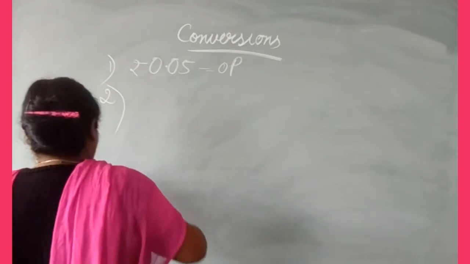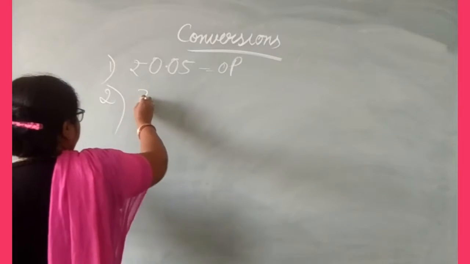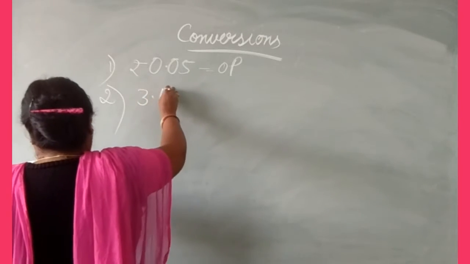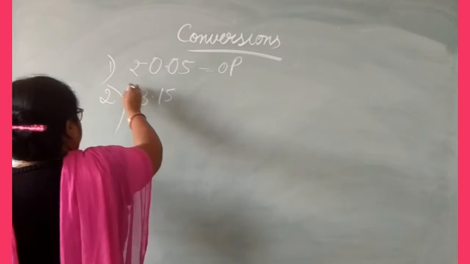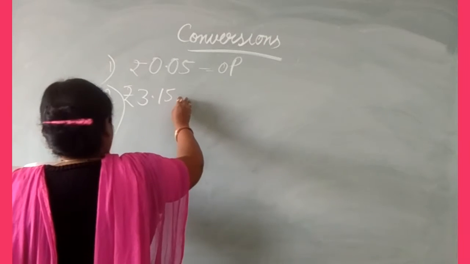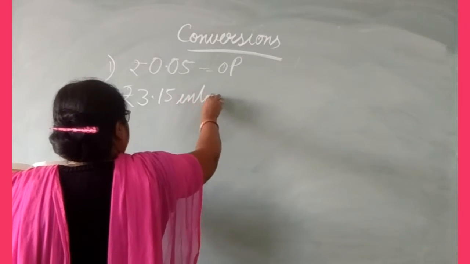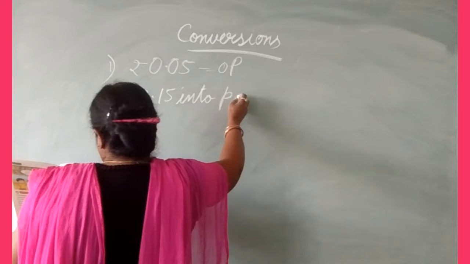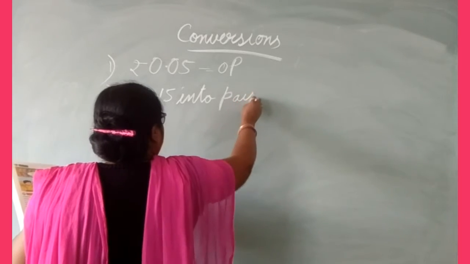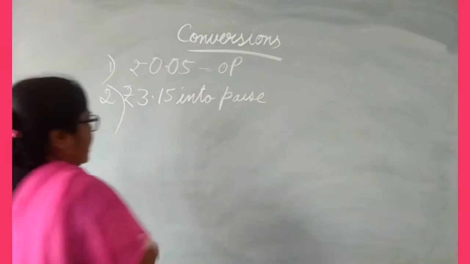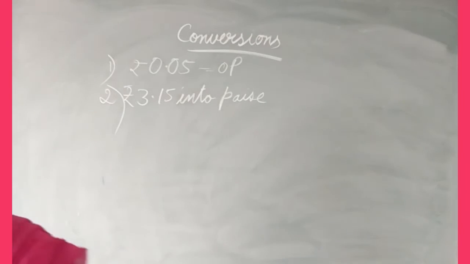Number 2, you think it is given 3.15 rupees. You have to convert this into paisa. So as you know that 1 rupee is equal to 100 paisa.